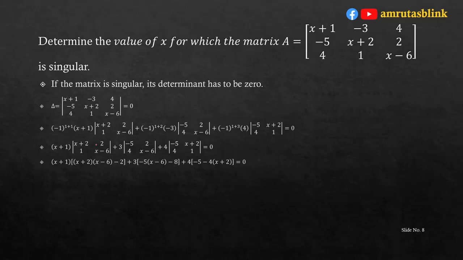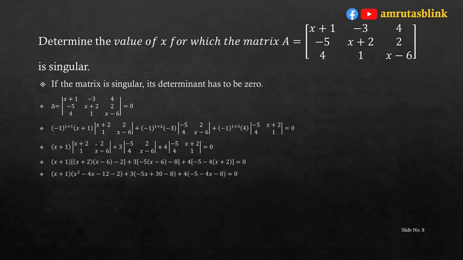So x plus 1 into bracket x plus 2 into x minus 6 minus 2, plus 3 into bracket minus 5 into bracket x minus 6 minus 4 into 2 is 8, plus 4 into bracket minus 5 into 1 is equal to minus 5, minus 4 into bracket x plus 2 is equal to 0.